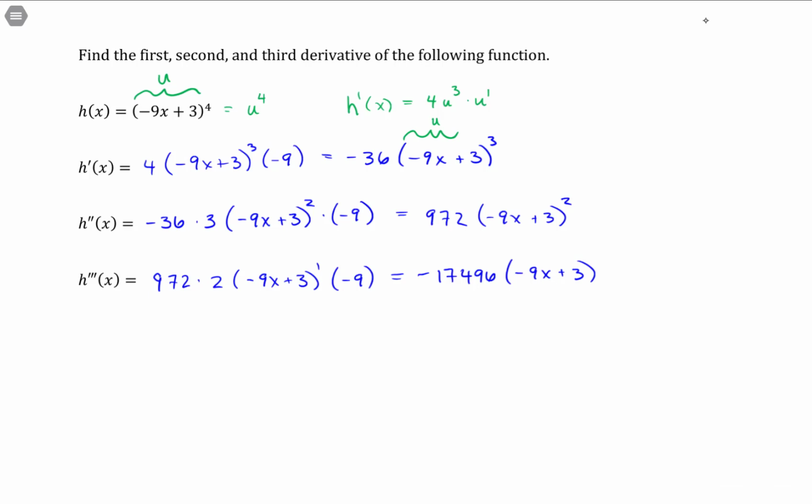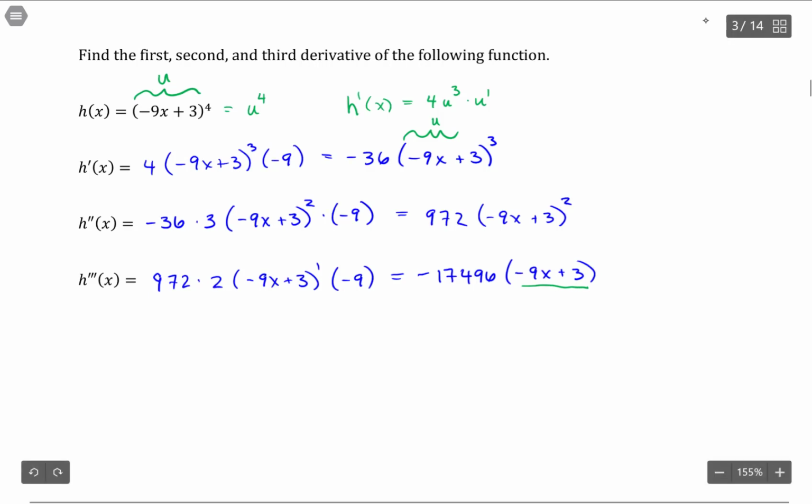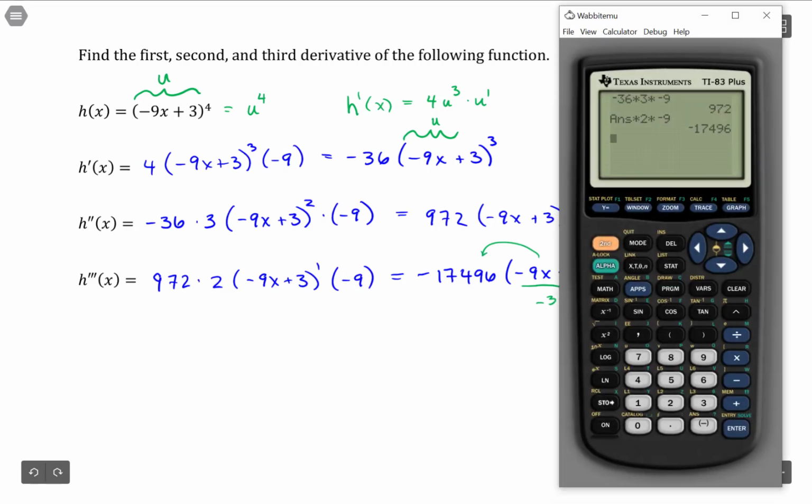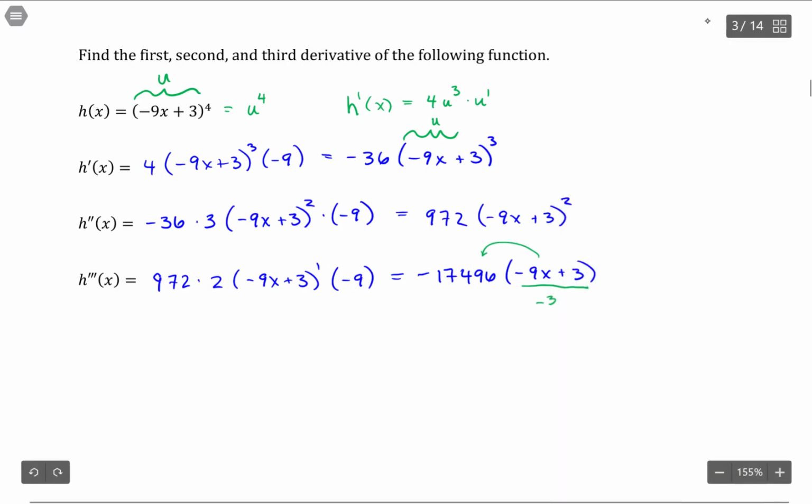One thing that you could do to actually make it a little bit simpler is if you'll notice inside here, and since this is to the first power now, there is a common factor that could be pulled out of negative 3. So you could take negative 3 out of here and apply it to this one. So effectively, let's multiply that by negative 3. So 52,488.